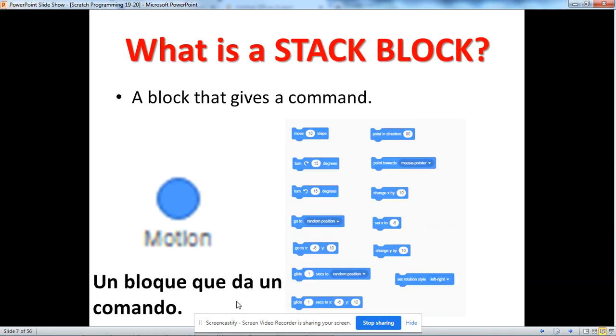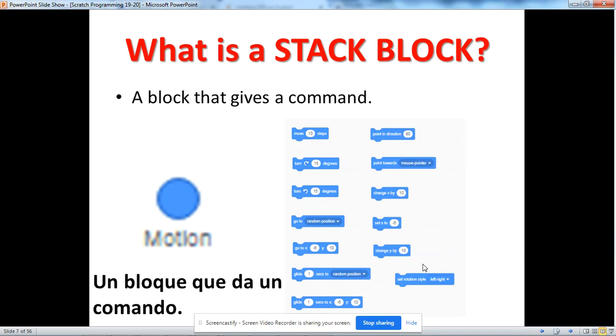So these blocks deal with commands that deal with how a sprite moves. So you'll notice that if you look at these blocks, you're going to see a lot of numbers, right? And you would think if you were talking about movement that you would see more words like left, right, up, down, right? But you don't see that. You see numbers.